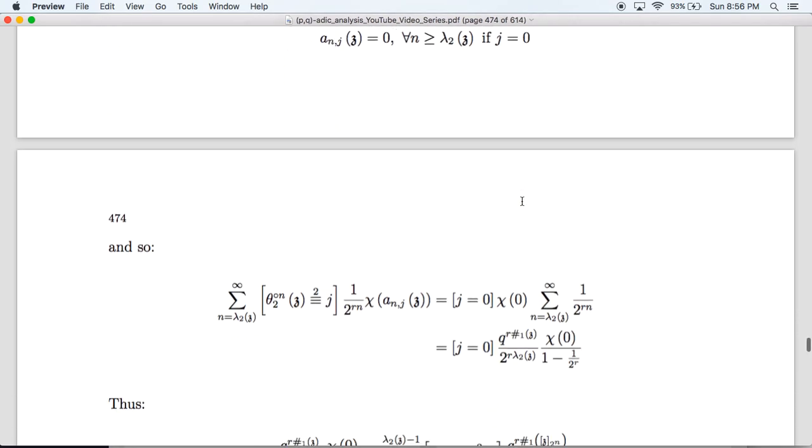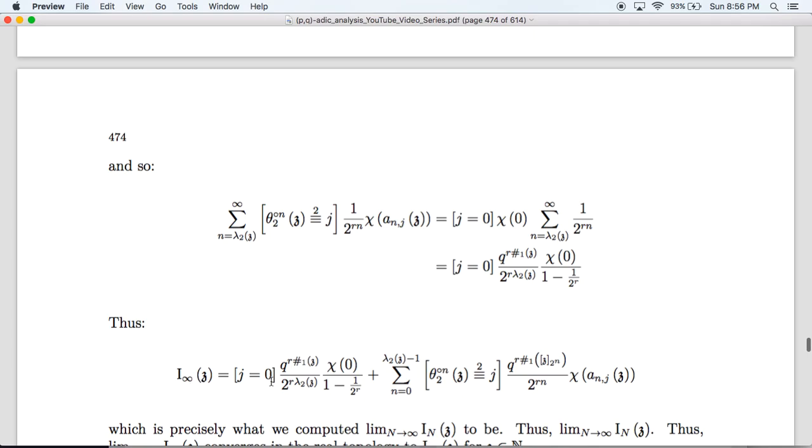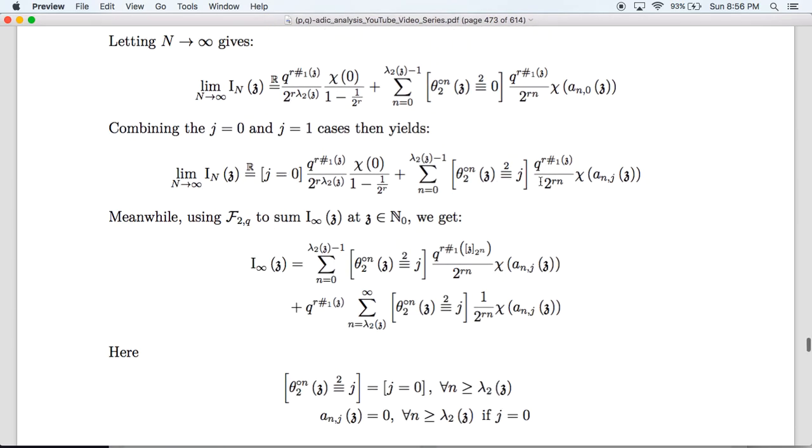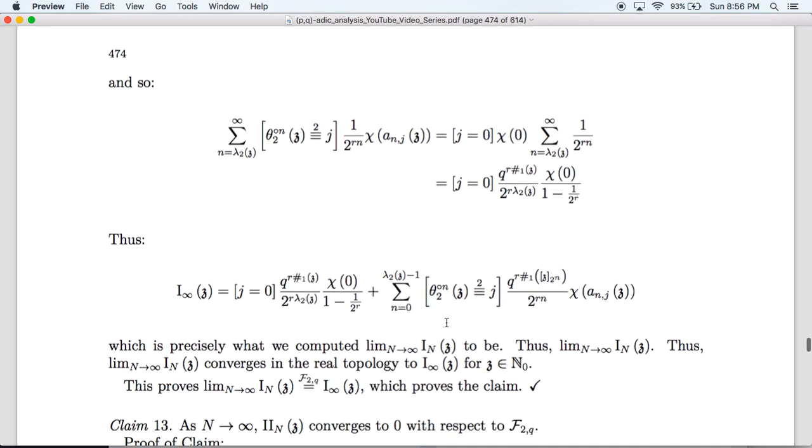And so we find that 1 infinity of z is this, but this is exactly what we found the limit to be. So 1n tends to 1 infinity on n0, and the convergence is in the real topology. Since we've therefore taken care of all the 2-adic integers, this proves the frame theoretic convergence.